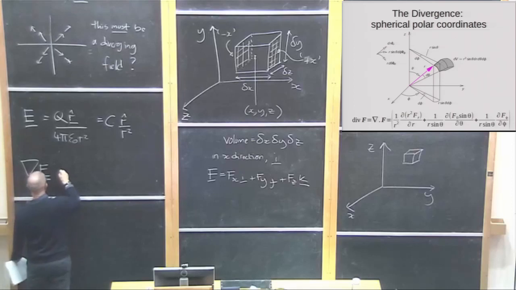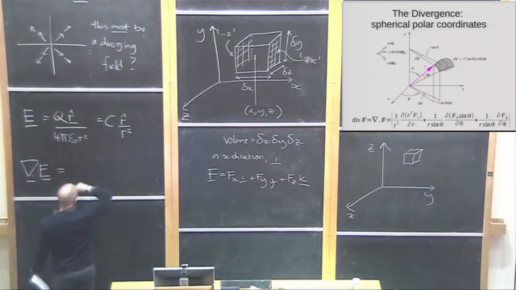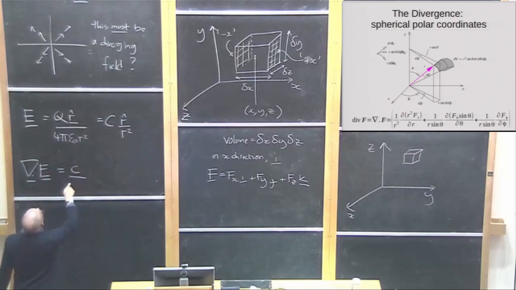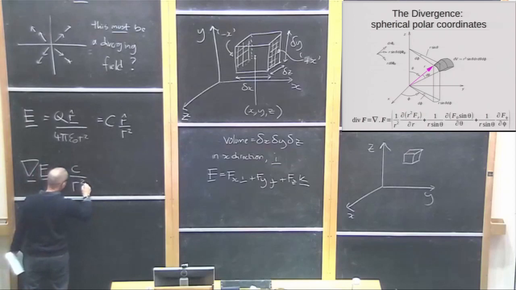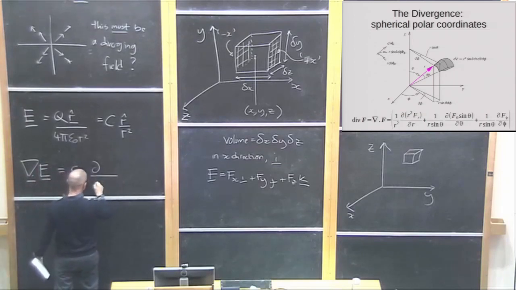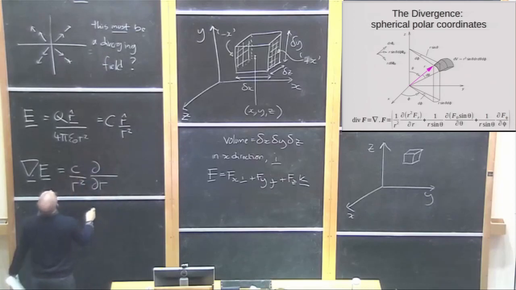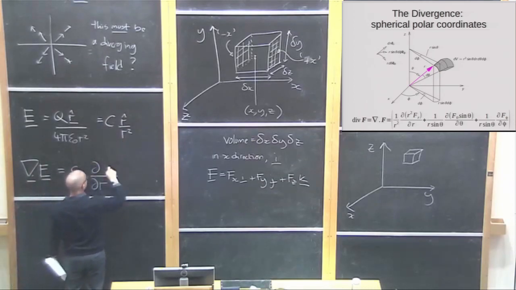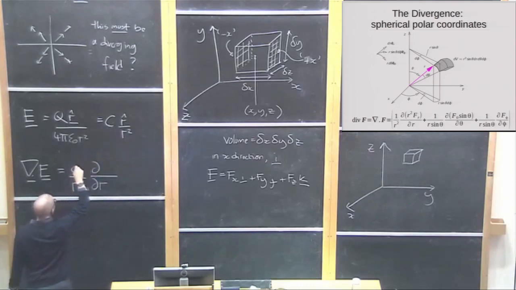The divergence of the electric field: the C is a constant, so I'm just going to take that out to the front. There's a 1 over r squared, so this becomes C over r squared, and then I want d by dr of r squared f_r. My f_r in this case is 1 over r squared, but I'm multiplying that by r squared.